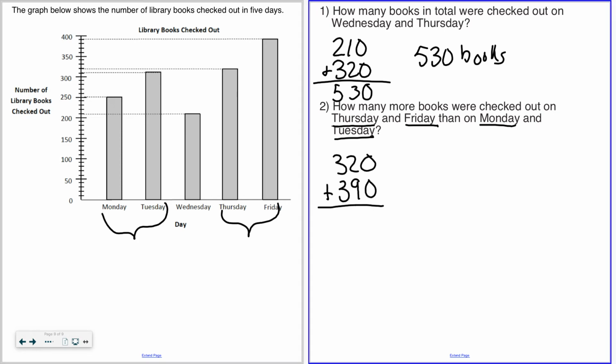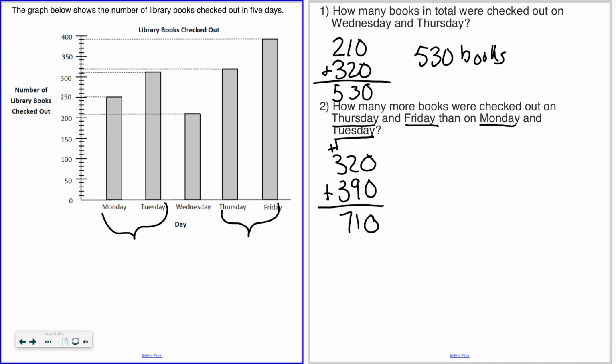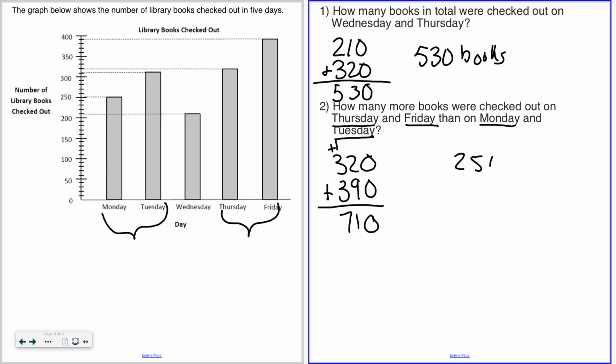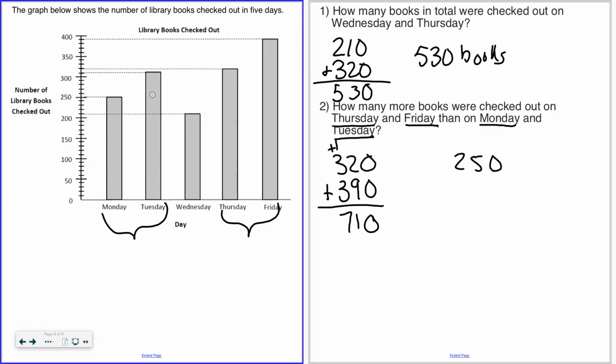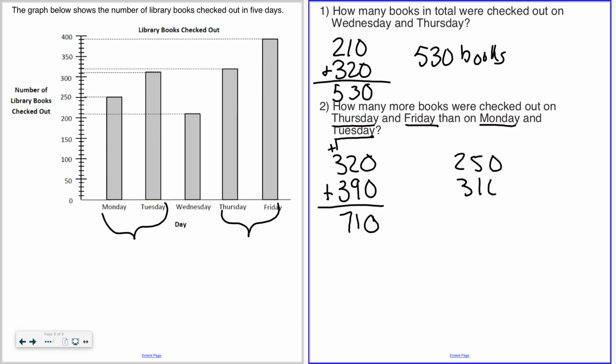Add those two up for Thursday and Friday. 710. Now Monday and Tuesday I also have to combine. So Monday is 250 exactly. Tuesday is 310. I remember that from earlier. 310. If I add these up, 560. So I want to find the difference, or how much more 710 is than 560.